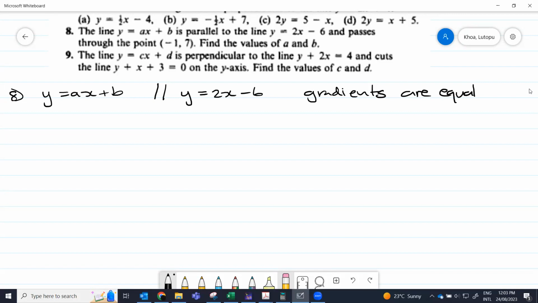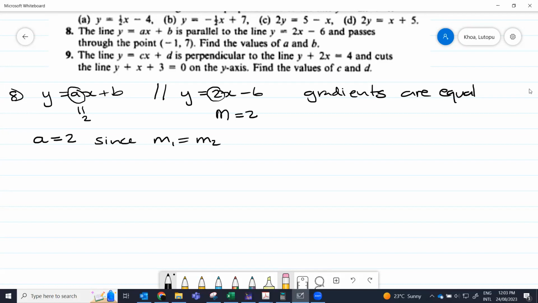So we start with this here. Because they're parallel, the gradient here is 2. It's in standard form. So this means the gradient here, which is a, is also equal to 2. So solving for a is easy. A is equal to 2 since m1 must be equal to m2.